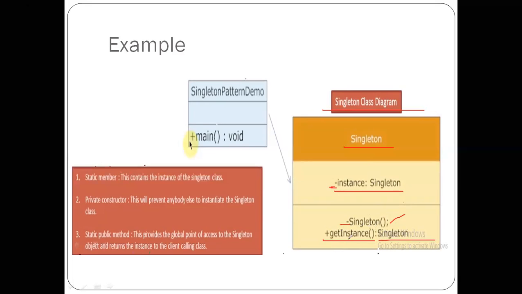If we have not created the singleton instance yet, it will be created whenever we call the getInstance method for the first time.